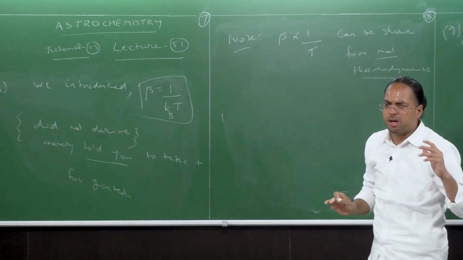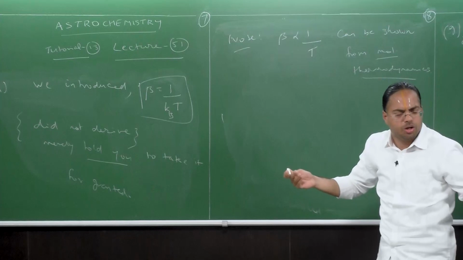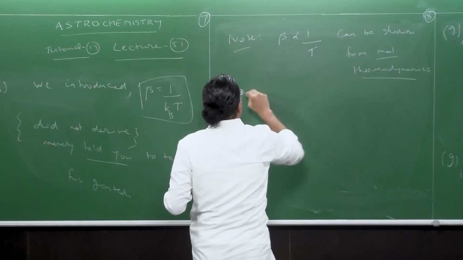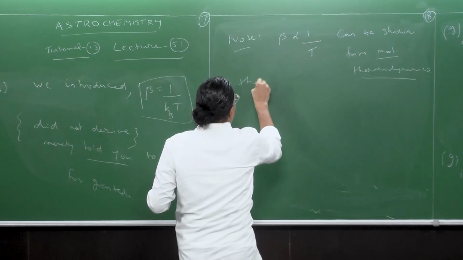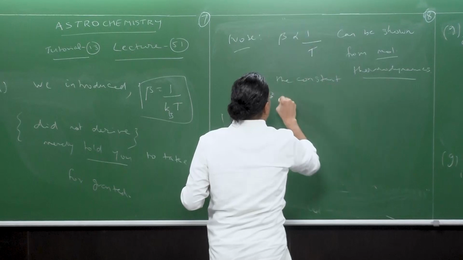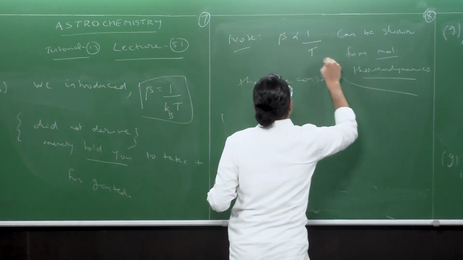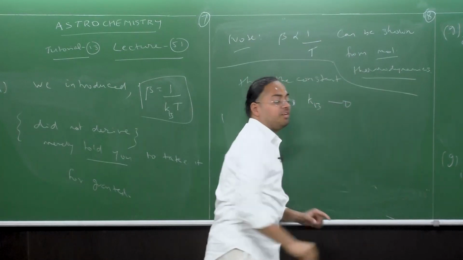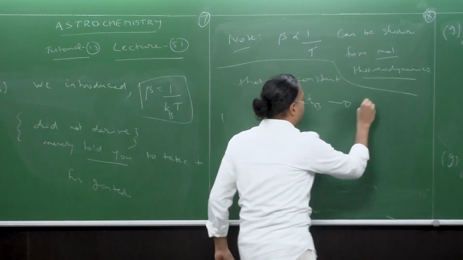That's the easier part, but due to a want of time, we're not going to show that. Yet, that the proportionality constant is the Boltzmann constant, that is an empirical idea. Please note this, okay?